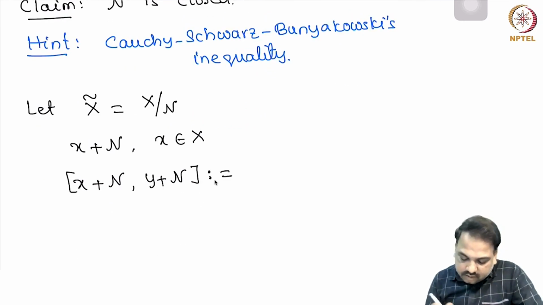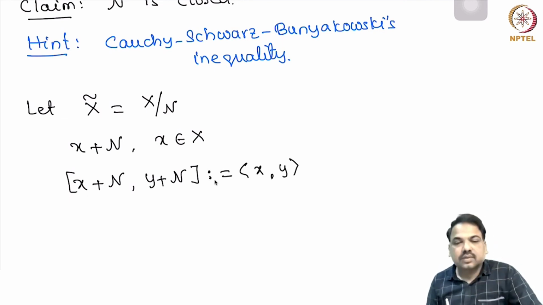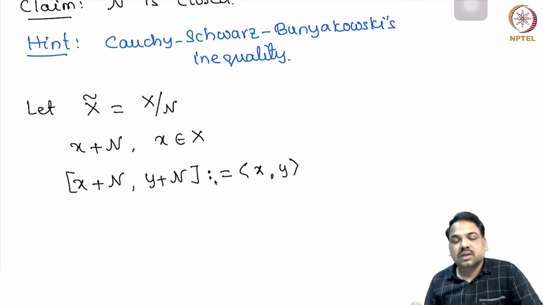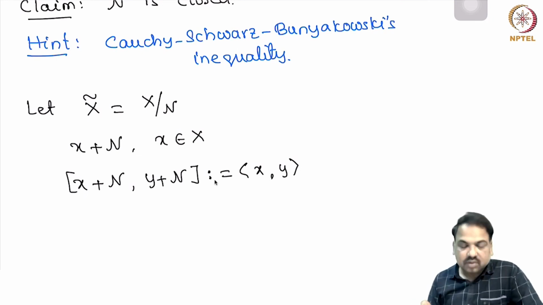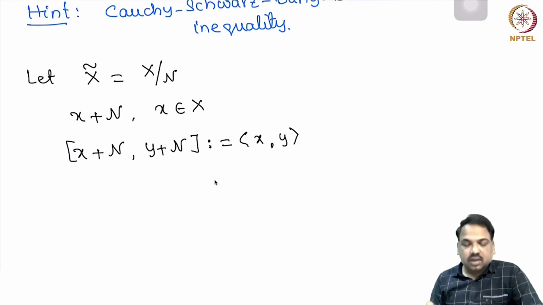So this is by definition the semi-inner product of x with y. If you take y equal to x, and if you assume that the inner product of x plus N with x plus N is 0, then on the right hand side, the semi-inner product of x with x is 0, that means x is in N. So once x is in N, x plus N is nothing but N. That means N is the 0 element in the quotient space. Hence this satisfies the positive definite property.